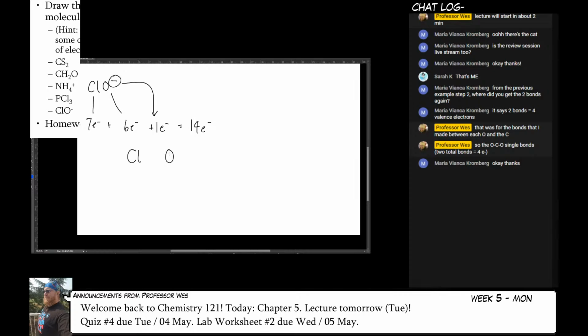Cl is the central atom, but there's only one thing connected to it, so we'll just do that. And then outer electrons first. So we're going to do this atom first. And then we'll do the central atom, which was chlorine. And you're all set. Don't forget to put the brackets and the charge.